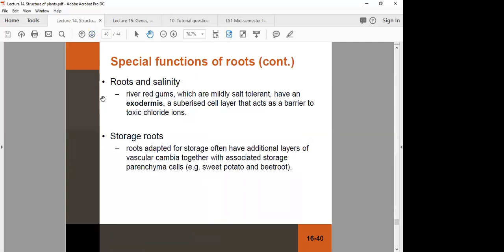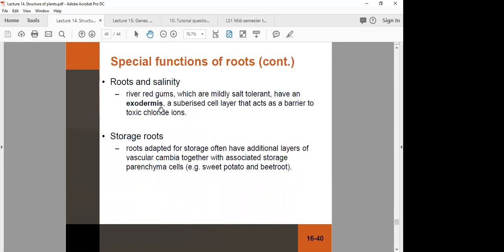Roots and salinity. So our very own Australian river red gums, which are mildly salt tolerant, are tolerant of salty soils because they have this unusual dermal tissue called exodermis. But it's not found on the outside of the plant. It's actually found just below the epidermis.